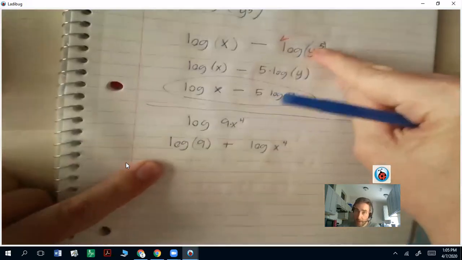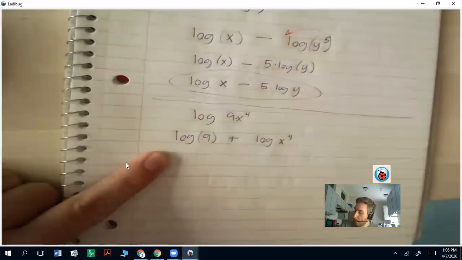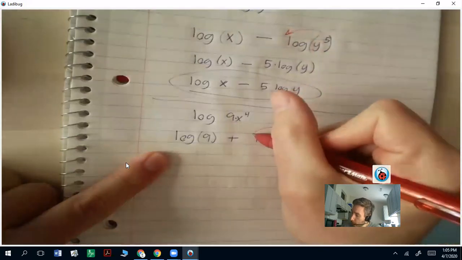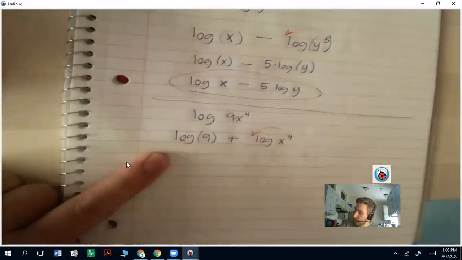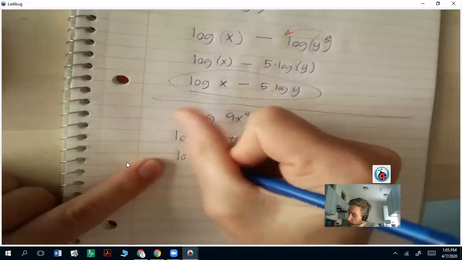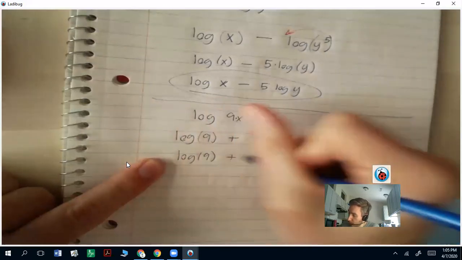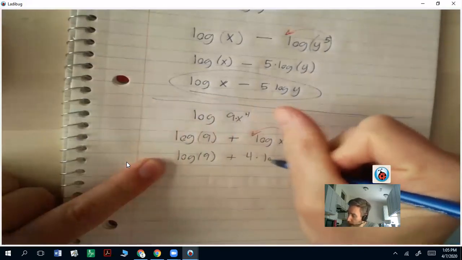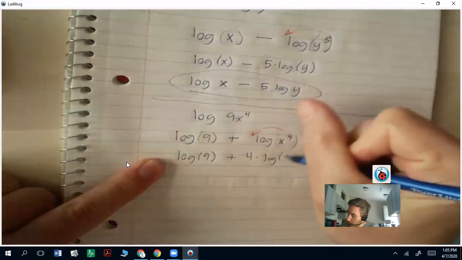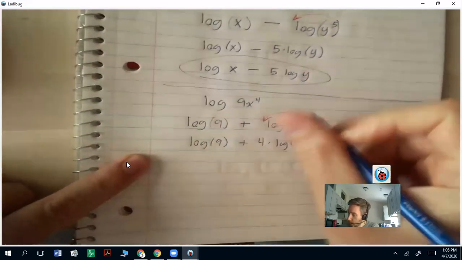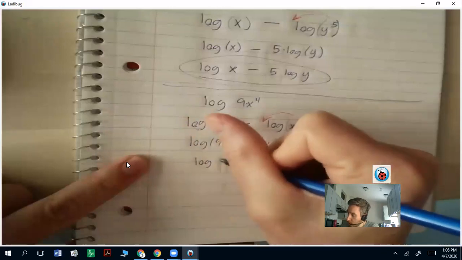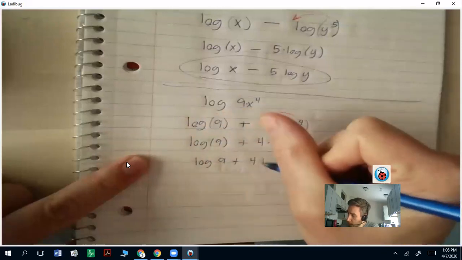Now, just like this 5 here, I got to bring down this 4. So that's going to go out front. 9 didn't have anything, so it's going to be log of 9 plus 4 times log of x. And again, I don't need the times symbol or the parentheses, so log of 9 plus 4 log of x.